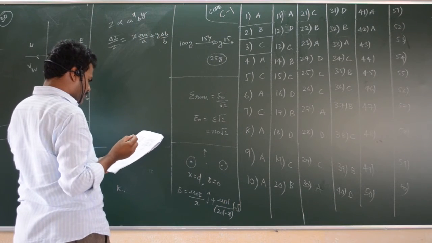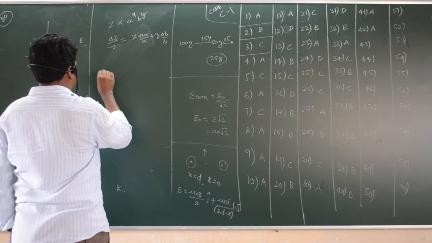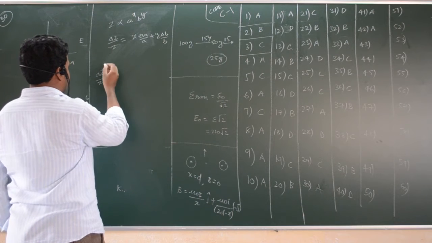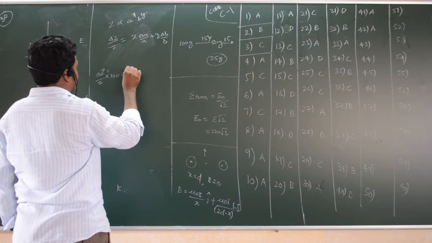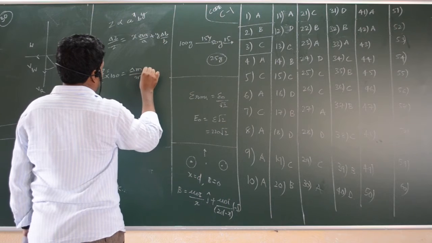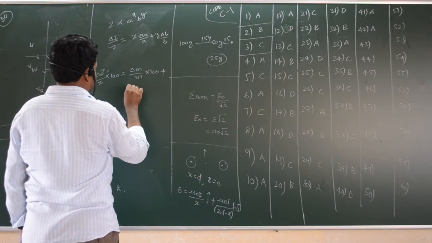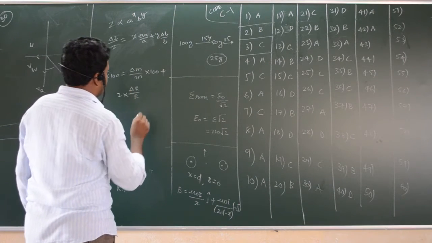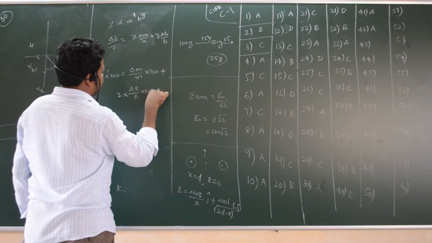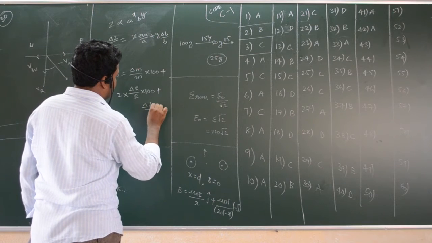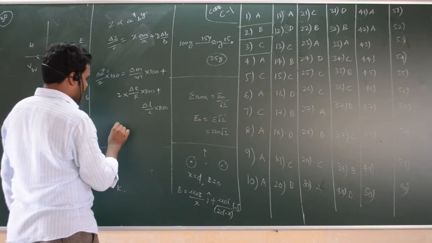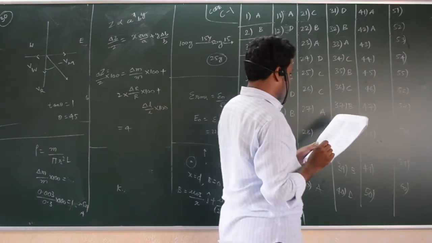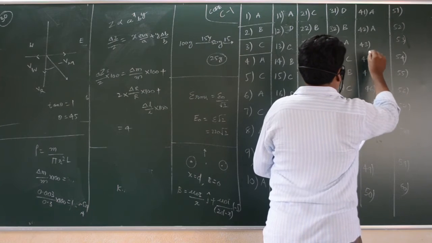Based on that formula, total delta z by z into 100 will be equal to delta m by m into 100, plus delta r by r into 2 because it is proportional to pi r square, into 100, plus delta L by L into 100. If you add this, you will get 4. So the answer is D. 43 is B.